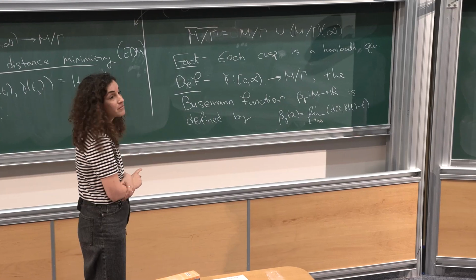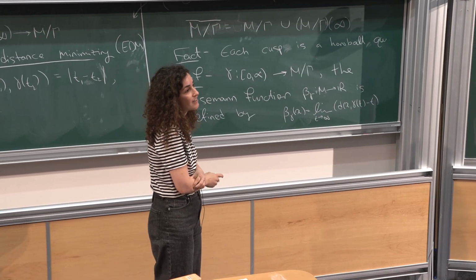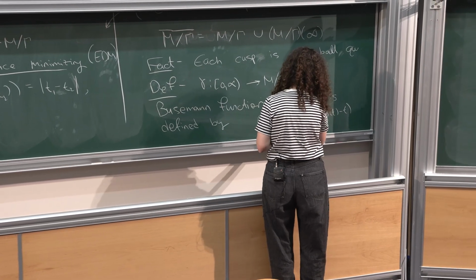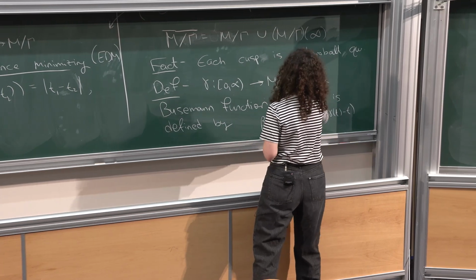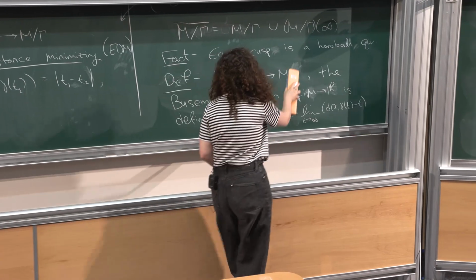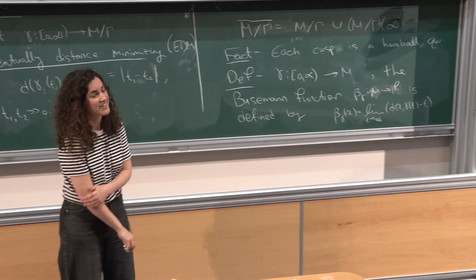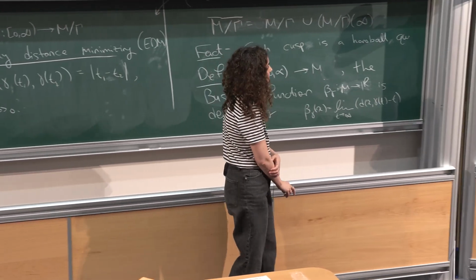Yes, from M. I want to look at the Busemann function on M, so gamma goes into M. Sorry, I don't know what is going on with me today. Yes, this should be the Busemann function on M.